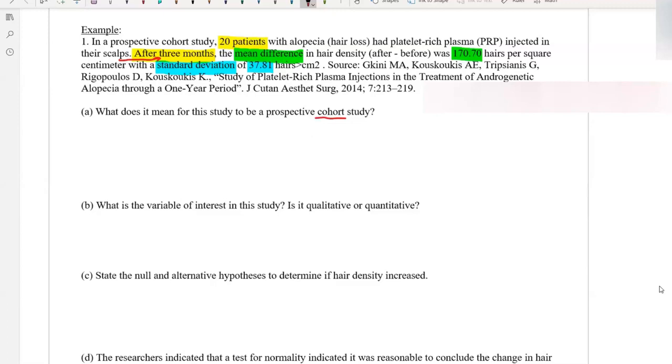So this is prospective cohort study because subjects were followed over a period of time, and that was 3 months. Okay, so I'm writing down part.